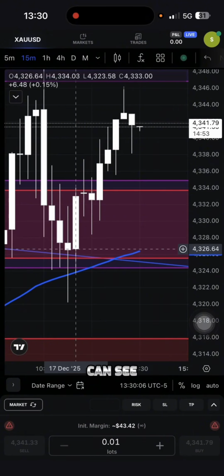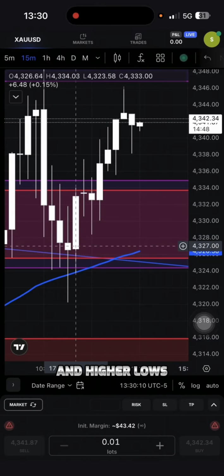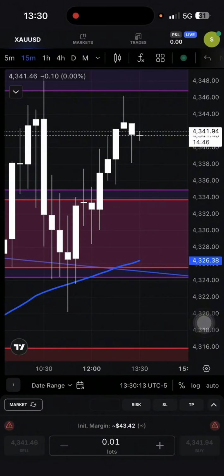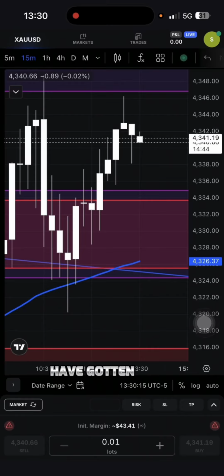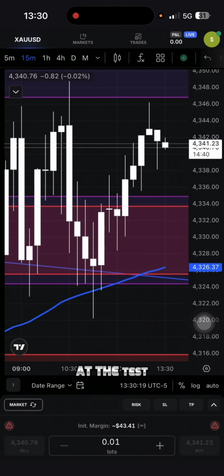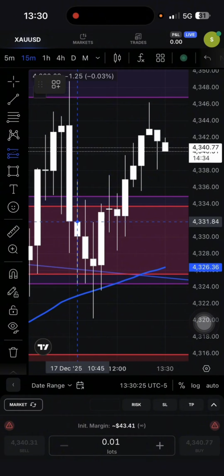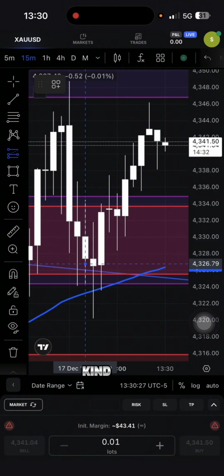Because as you can see, the market is making higher highs and higher lows, right? So I would have gotten in right at the test of the trend line. I'm kind of a risky trader.